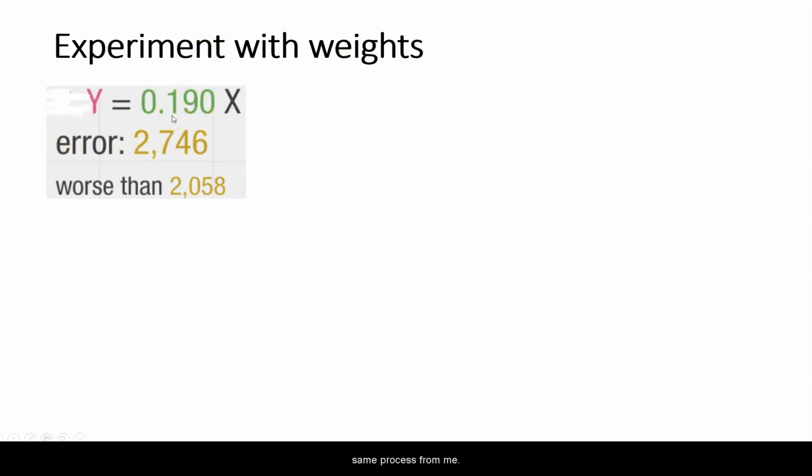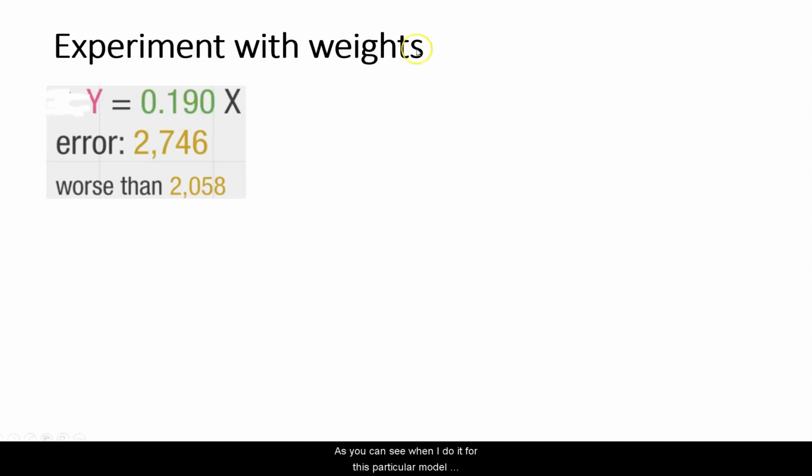I have done the same process from my slide before, which was to come up with the predicted value of y, and then to find the difference between the actual value of y and the predicted value of y, squaring it and then taking its average to form our mean squared error.